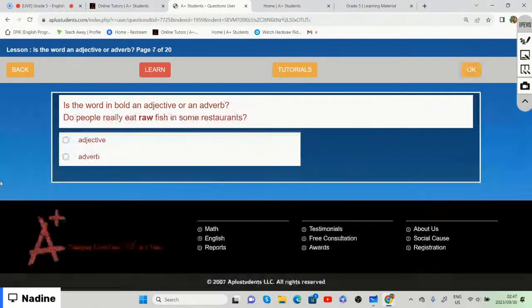All right, let's do one last one. Do people really eat raw fish in some restaurants? Is it an adjective or an adverb? Raw.